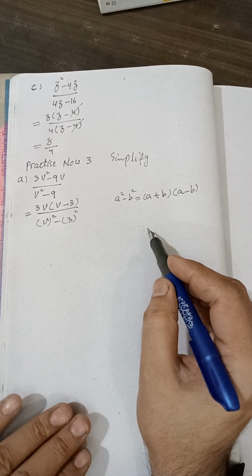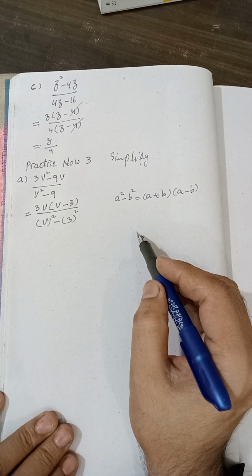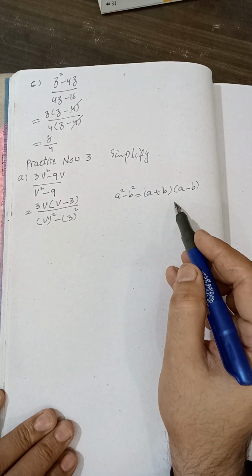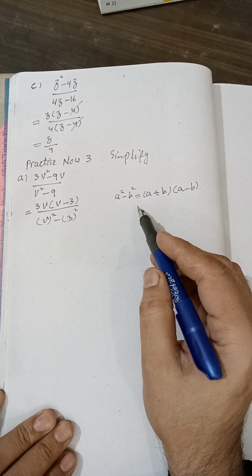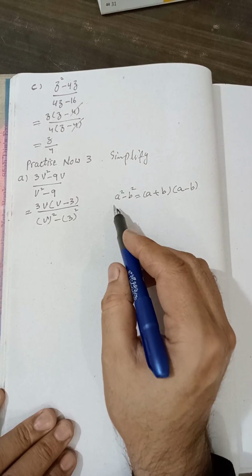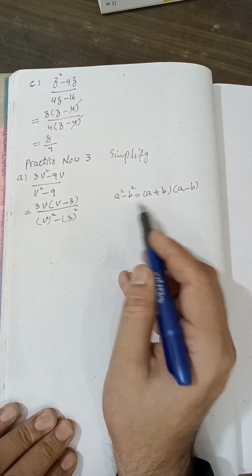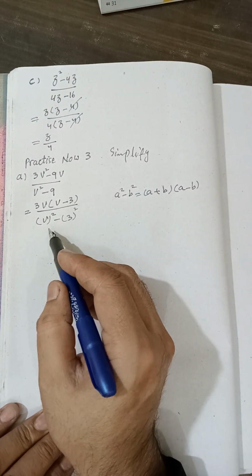You can watch its proof in my videos where I have given proofs of identities. From that video you can easily understand. You don't need to learn it by heart. You can understand how this can be proved.